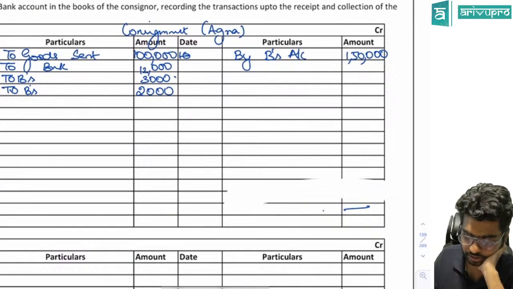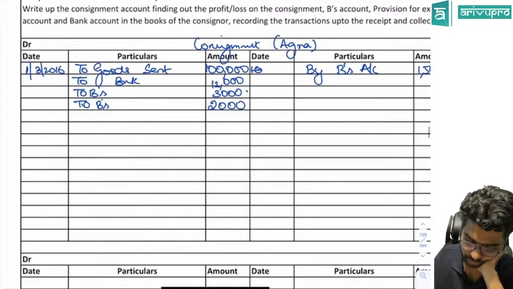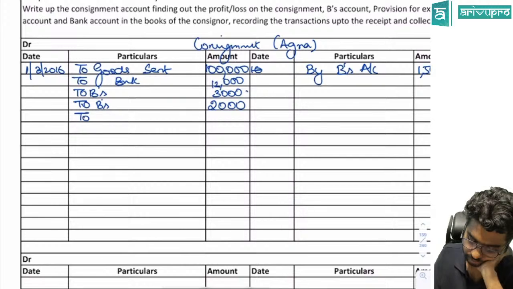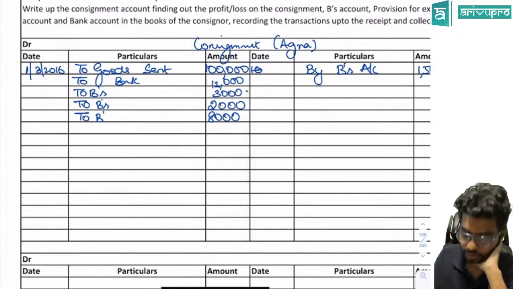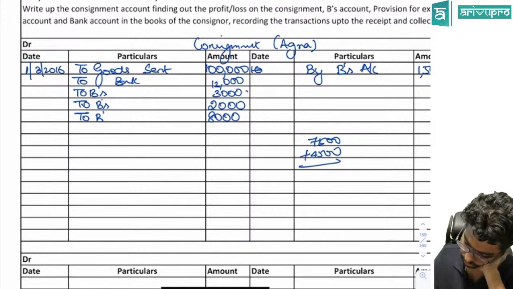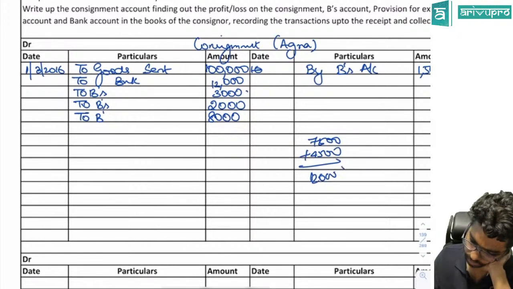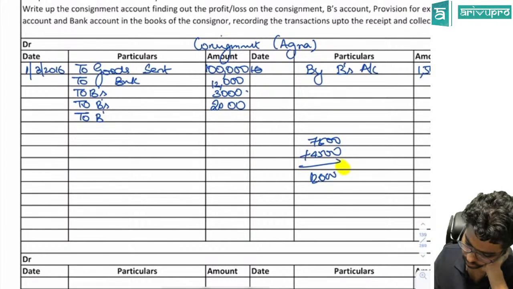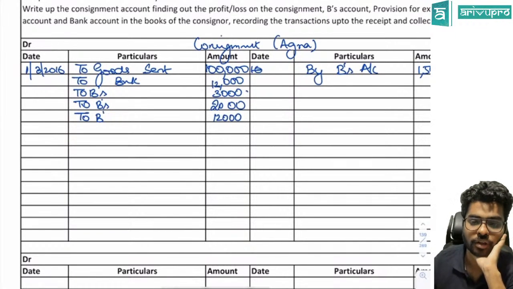For getting commission? Are you guys clear?